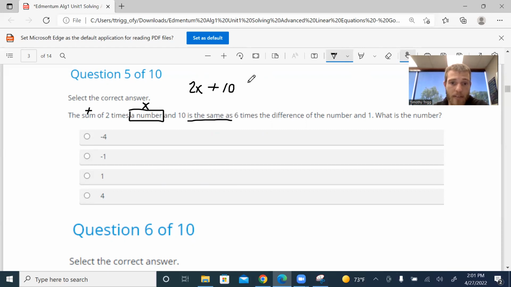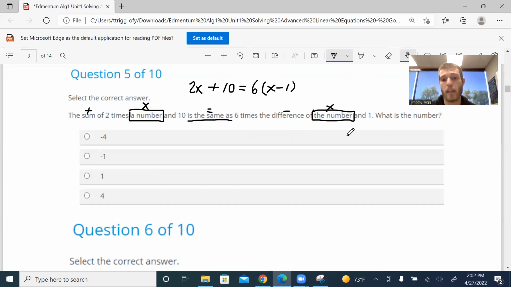So the sum of 2 times a number and 10 is the same as, well, that's equals, 6 times the difference of the number, there's x again, and 1. The difference, that's why I'm subtracting, the difference of the number and 1.